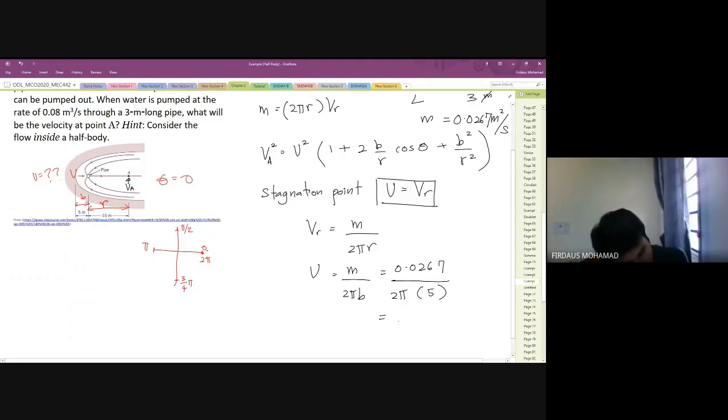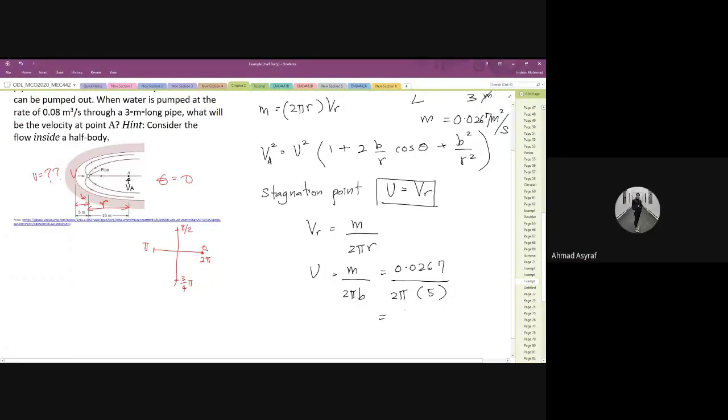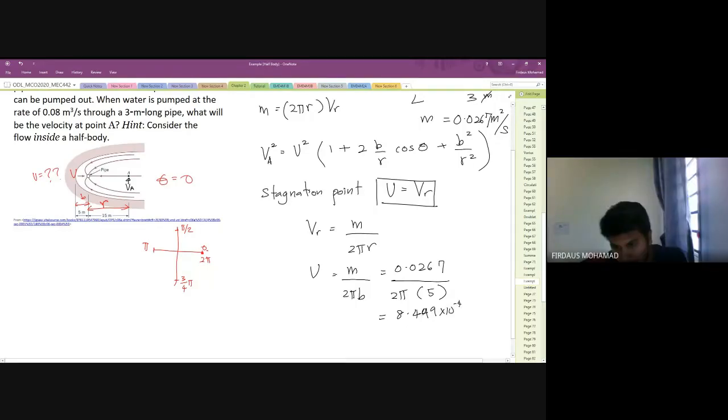Okay, so what is the answer here? The free stream or uniform velocity? 8.499 exponent minus 4, so meter over second.